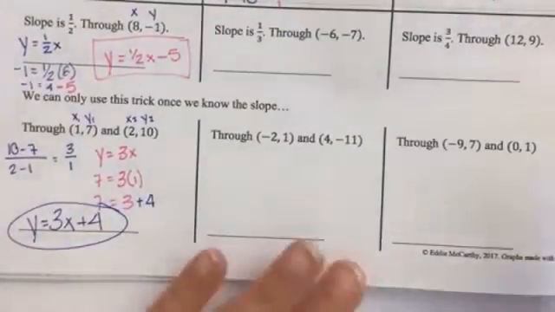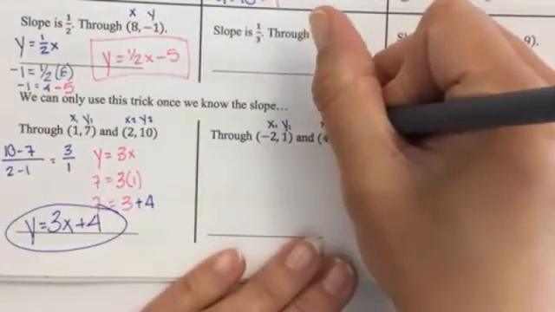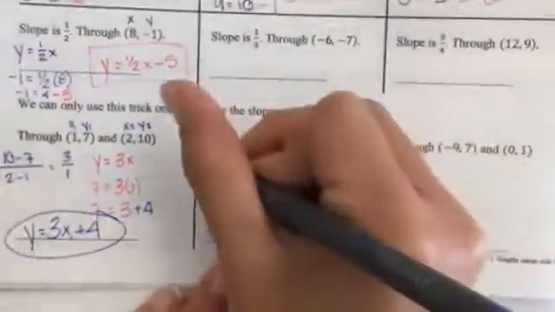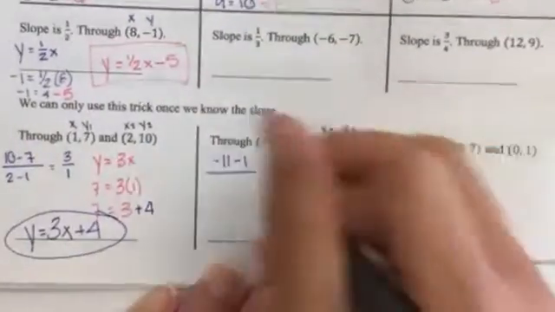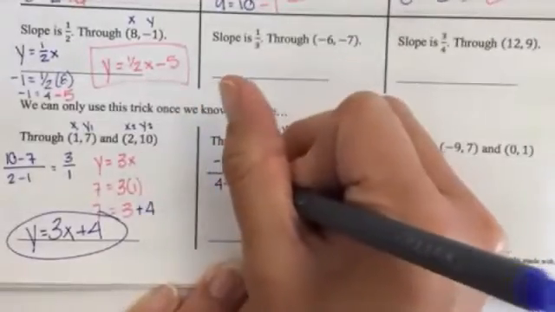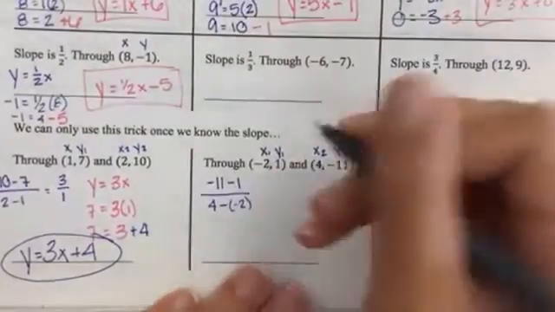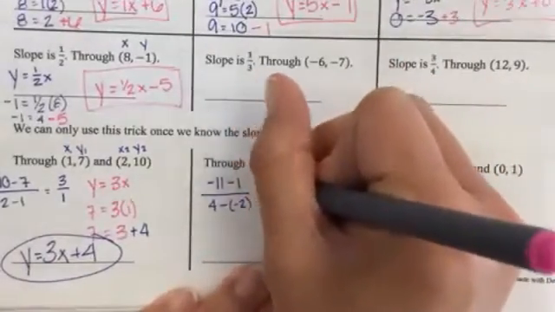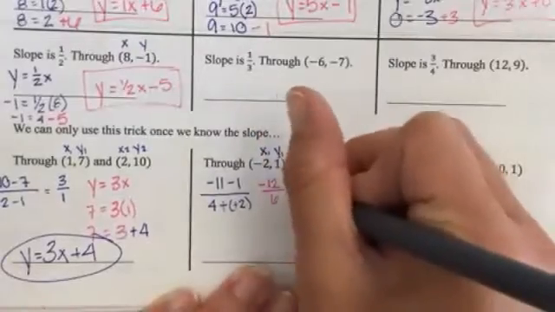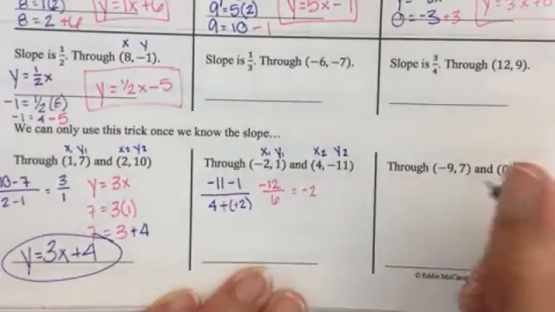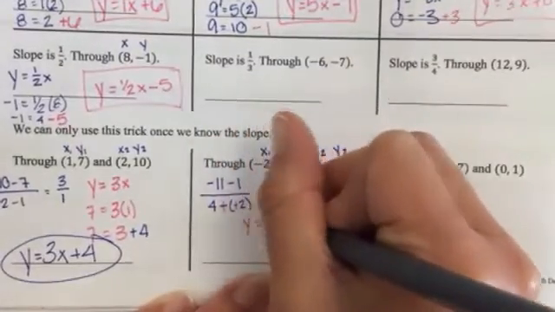Let's do one more of those for sure. x1, y1, x2, y2. Negative 11 minus 1 over 4 minus a negative 2. Negative 11 minus 1 gives me a negative 12. 4 minus a negative 2 gives me 6. So my equation is y equals negative 2x.